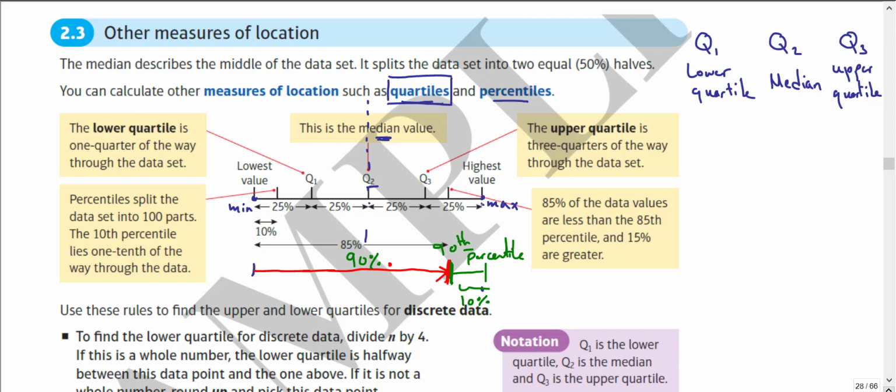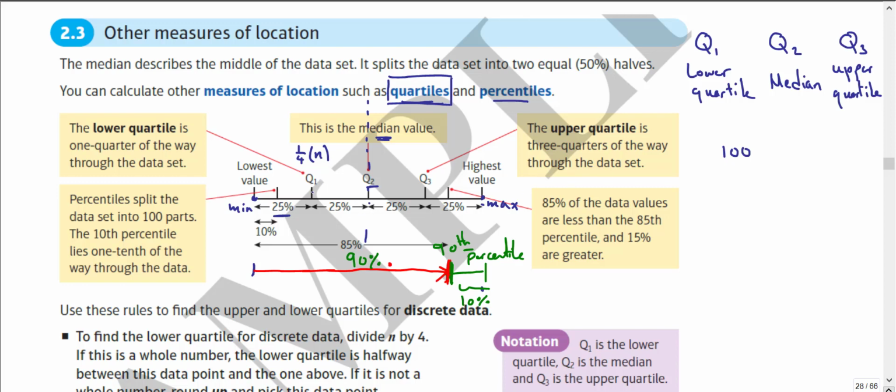Now, at 1/4 of the data, that is 25%, at 1/4 n. What's n? The number of data values. Let's say hypothetically you have 100 data values. 1/4 of this would be 25.